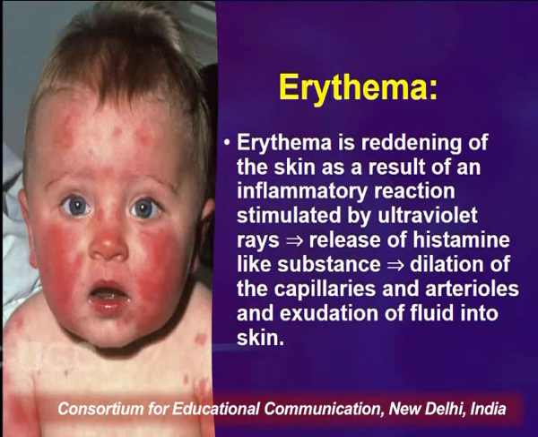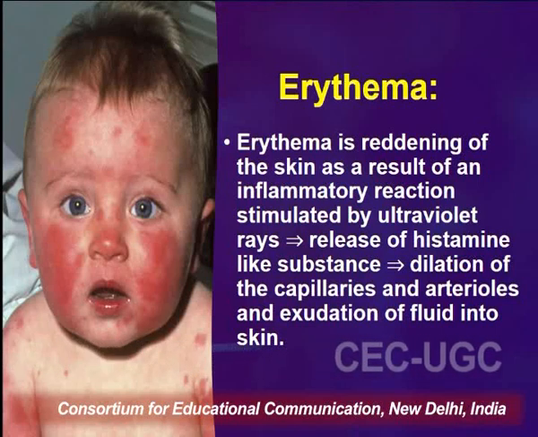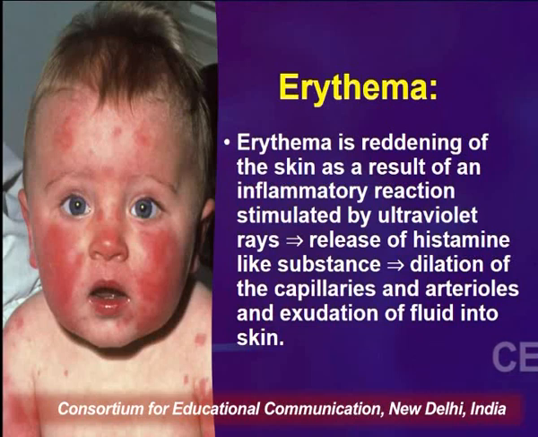So, the first one is erythema. Erythema is reddening of the skin as a result of an inflammatory reaction stimulated by ultraviolet rays, release of histamine-like substance, dilation of the capillaries and arterioles, and exudation of fluid into the skin.